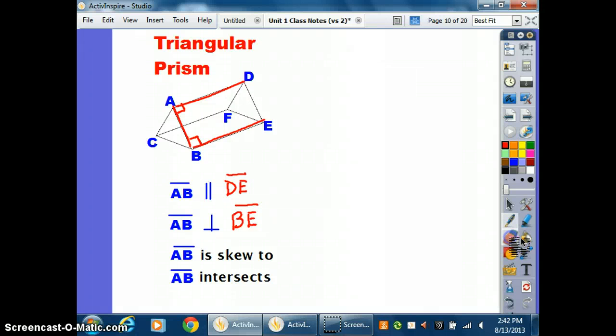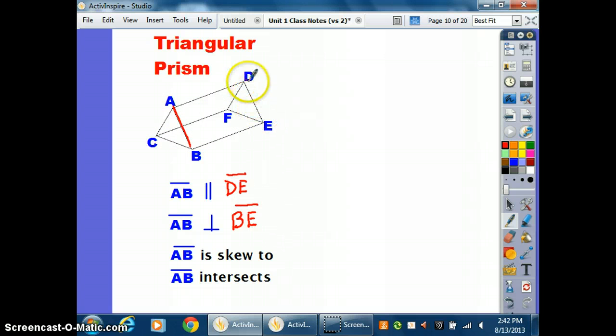All right. Again, let's focus right here on this segment AB. And now I want to do skew. Segment AB is skew to, well, it can't touch A or B, so it can't be these or here.